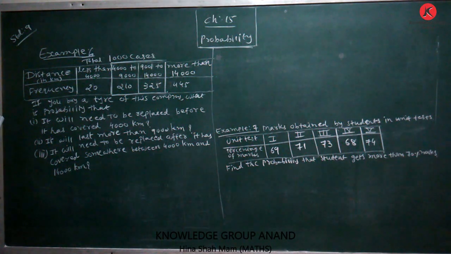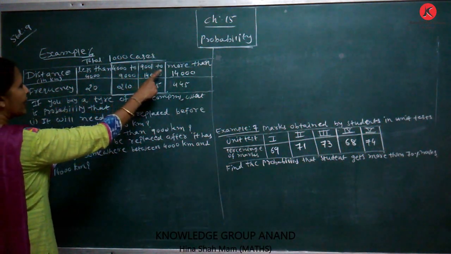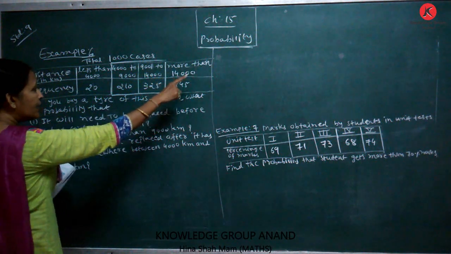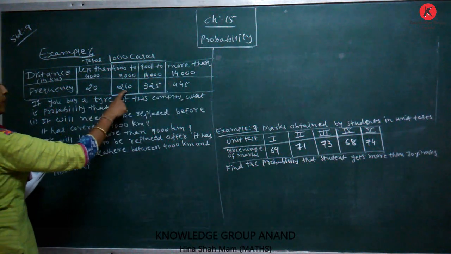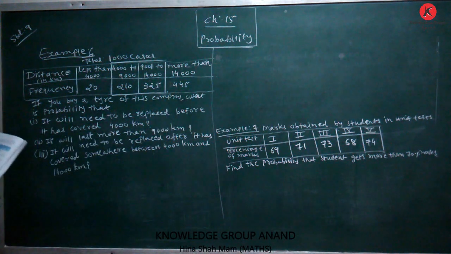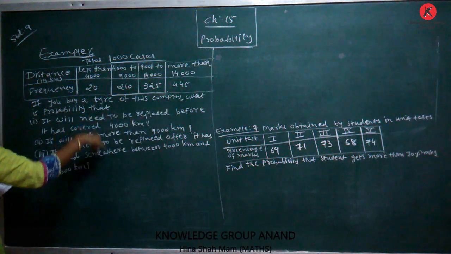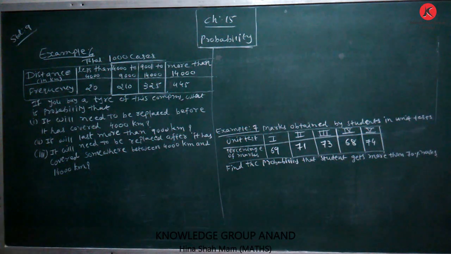The table shows the result of 1000 cases. Distance in kilometer: less than 4000, 4000 to 9000, 9000 to 14,000, more than 14,000; 20, 210, 325, 445. If you buy a tire of this company, what is probability? And then 3 questions. Now we solve this question.